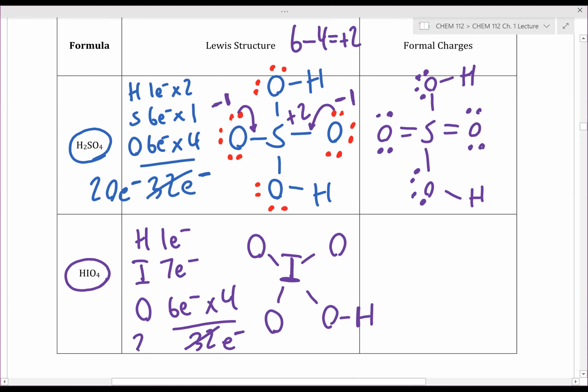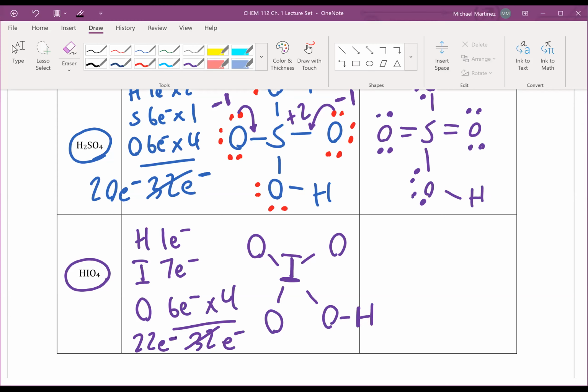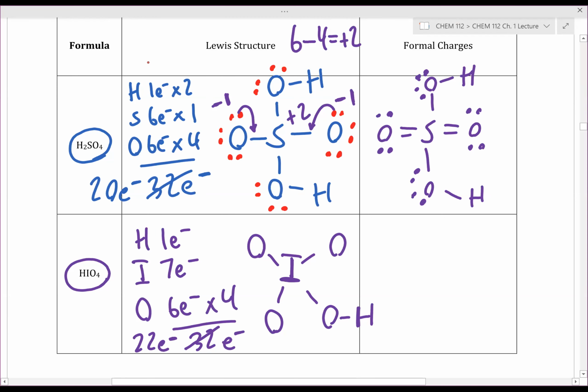So from our 22 electrons remaining, let's now try to fulfill the octet of every single atom in this molecule using lone pairs. So let's switch to our lone pair color. And how many lone pairs do each of these oxygens with just 1 bond need? How many lone pairs? 3.